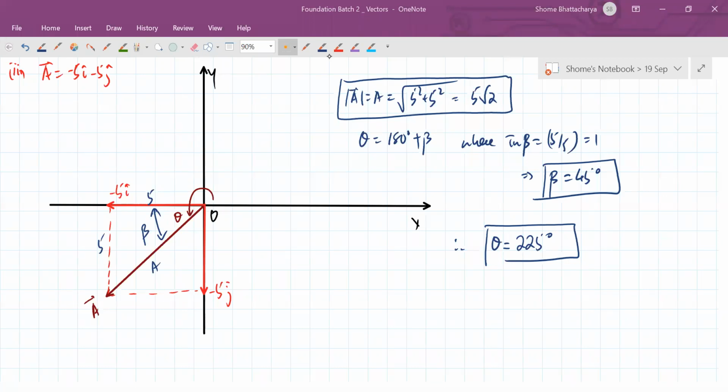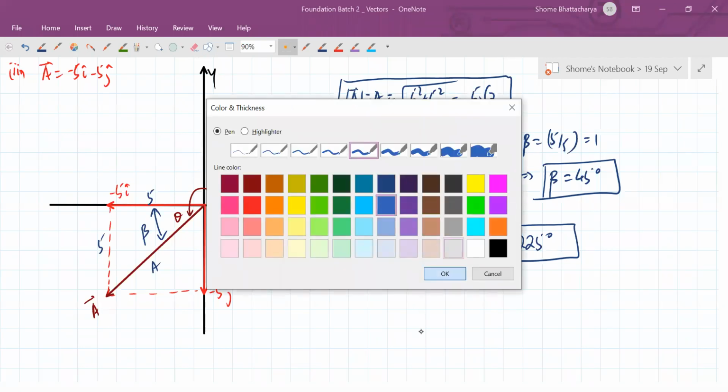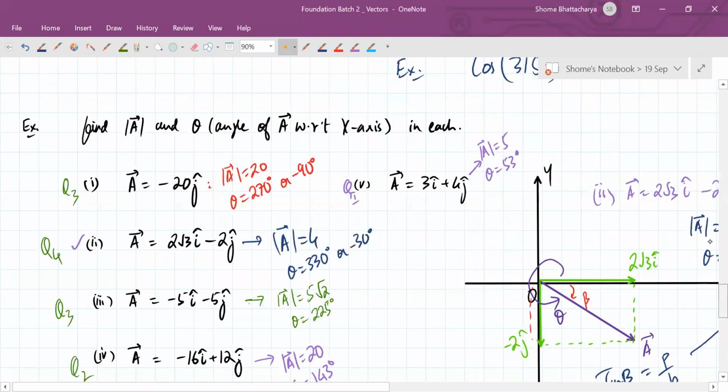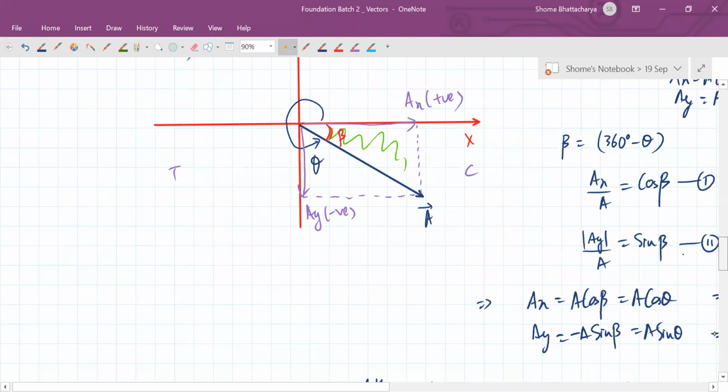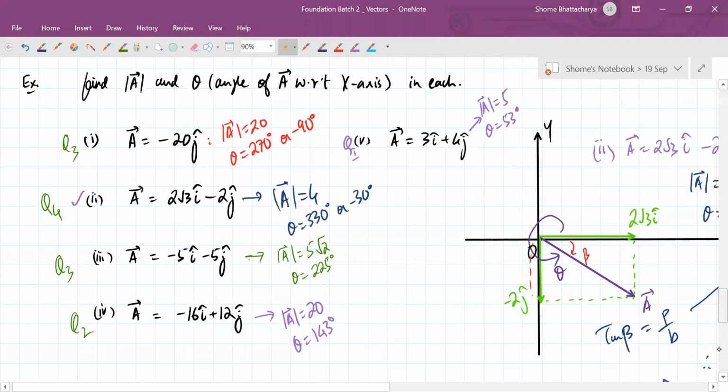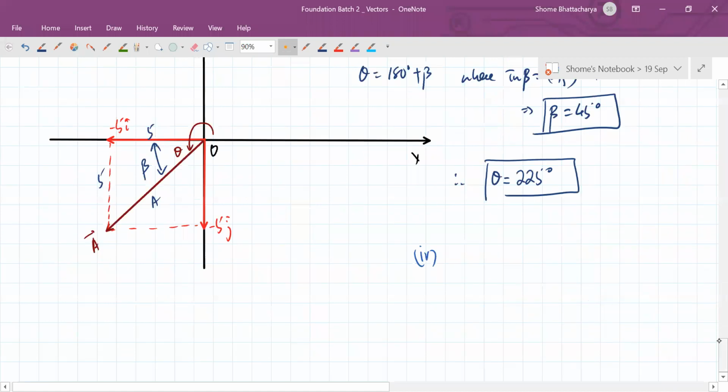Okay. Now, likewise, the fourth question. The vector given to us was minus 16 i cap plus 12 j cap. Okay, so let's see how that one looks here. So let me write this as some other vector.